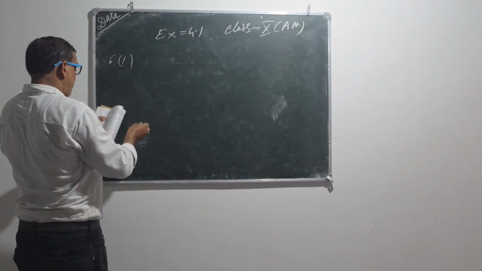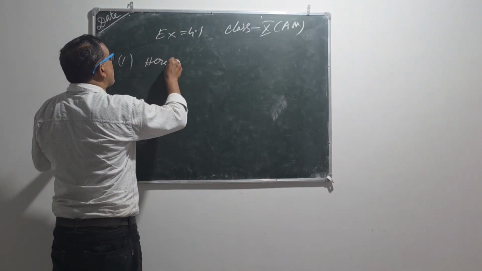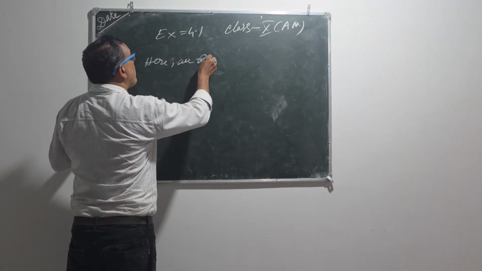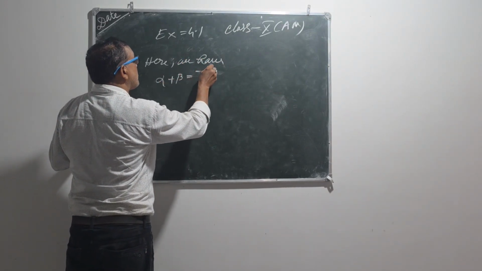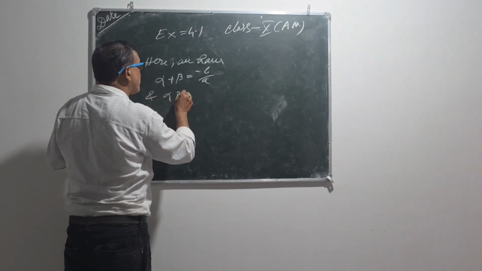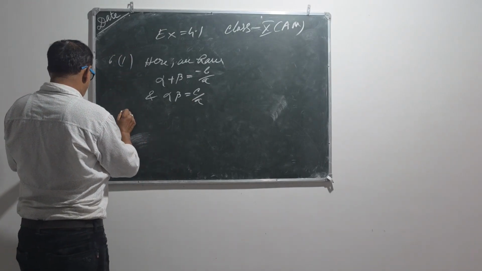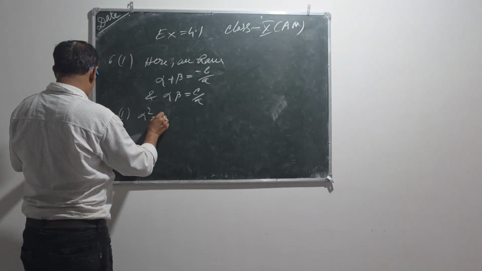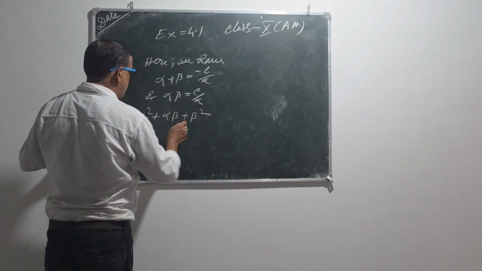For 6 number 1, here we have given alpha plus beta equal to minus b by a, and alpha into beta equal to c by a. We have to find the value of alpha square plus alpha beta plus beta square.